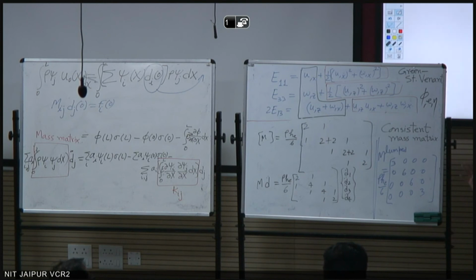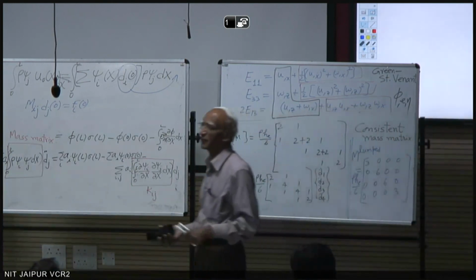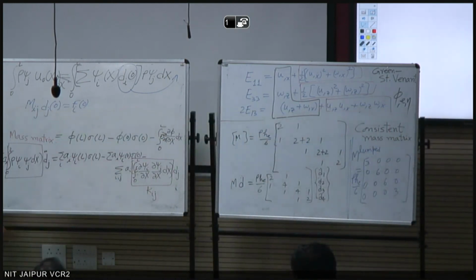There is another mass matrix which is neither consistent nor lumped, which gives you the exact solution of the analytical problem. But I'm not going to talk about it because I have to stick with the advertisement. The advertisement does not say higher order mass matrix.